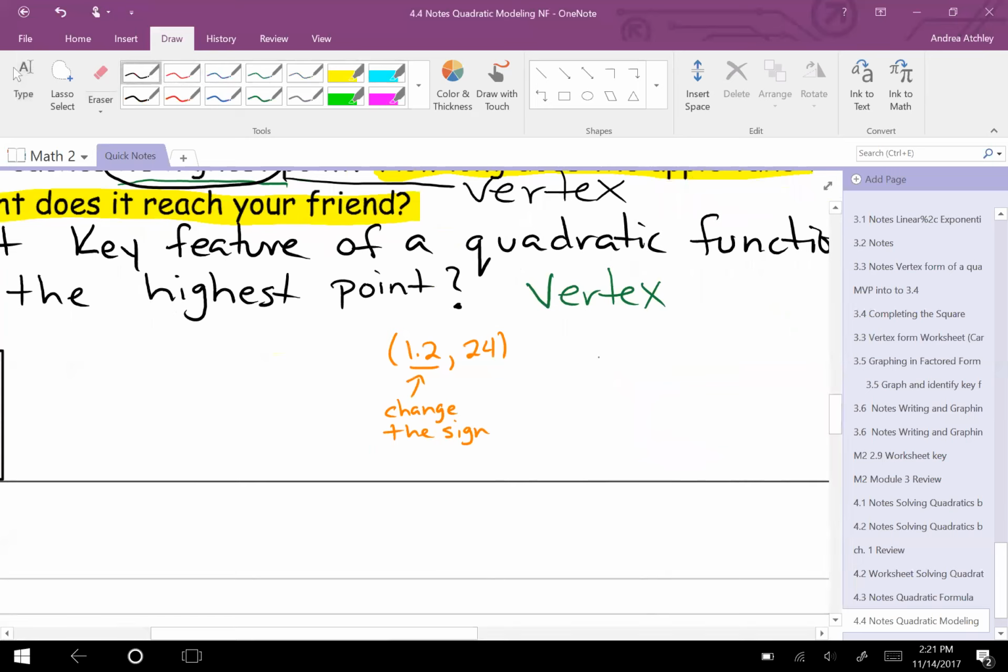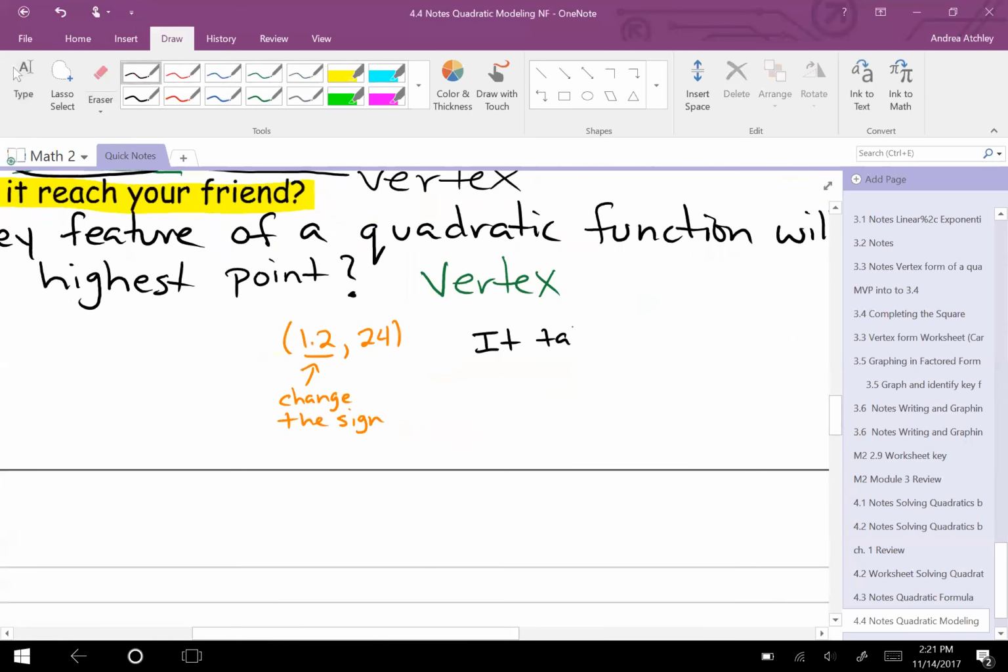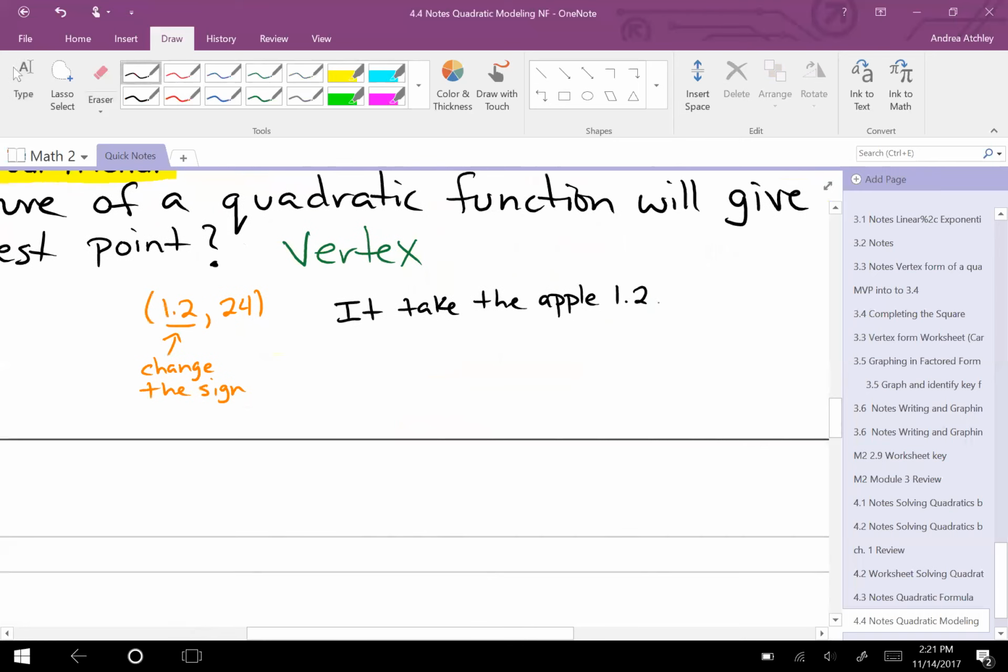So it takes the apple 1.2 seconds to reach my friend who is 24 feet above me.